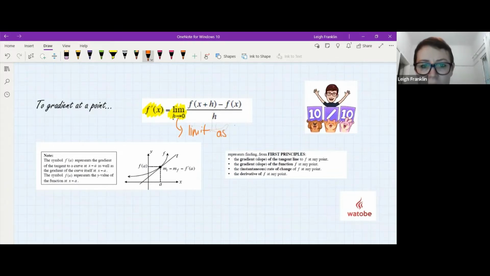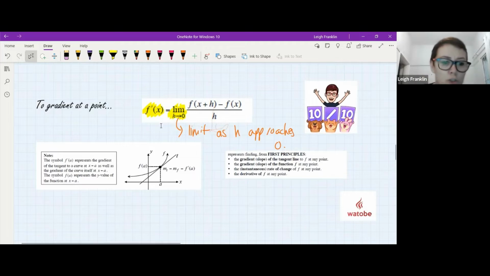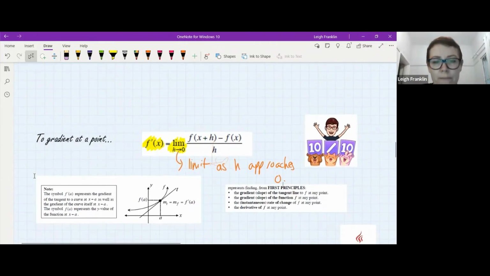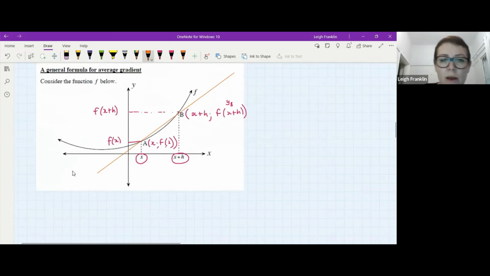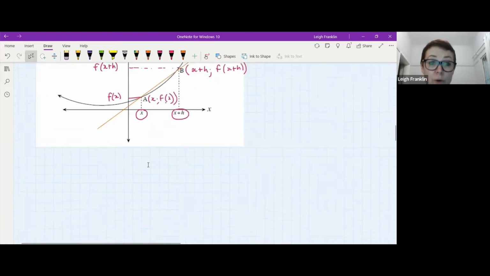Limit as h approaches 0. So what we are doing is moving point B back down towards A. What is happening if we want to measure the gradient at A?